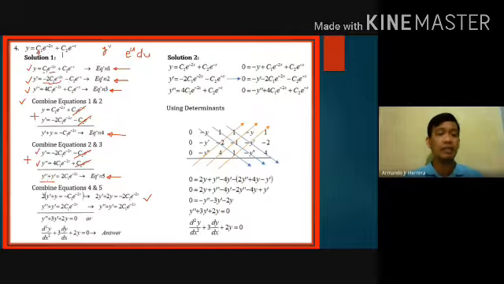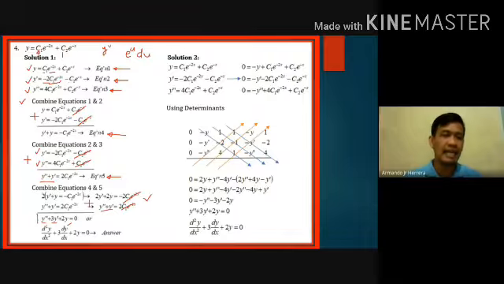Combining it with equation 5, so wala naman tayong ginawa kay equation 5, so as is lang siya, let us try to copy equation 5. And then combine it with equation 4. So adding the two equations, this cancels out, giving you y double prime plus 2y prime plus y prime here is 3y prime plus 2y is equal to 0.